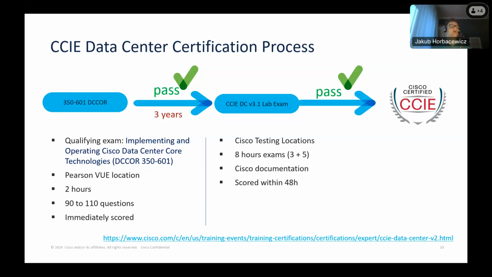This exam replaces the older written exam that used to be a part of the CCIE certification in the past. You can take this DC Core exam at any Pearson VUE testing center. I believe right now there is also an option to do it from home in a dedicated secure environment that you download from Pearson.